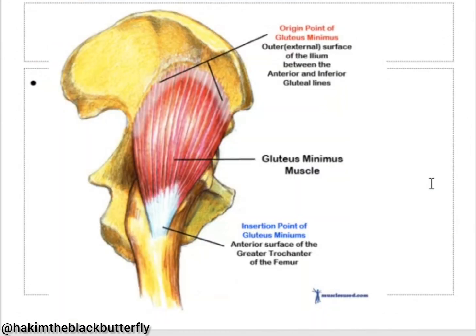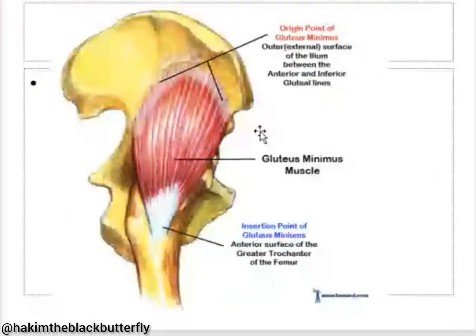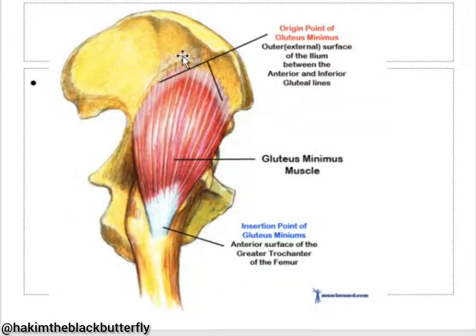When you look at the pelvic bone, you go to the ilium on the posterior aspect. This is what we call the posterior gluteal line. And I say that behind it, that's where the Gluteus Maximus originates from.